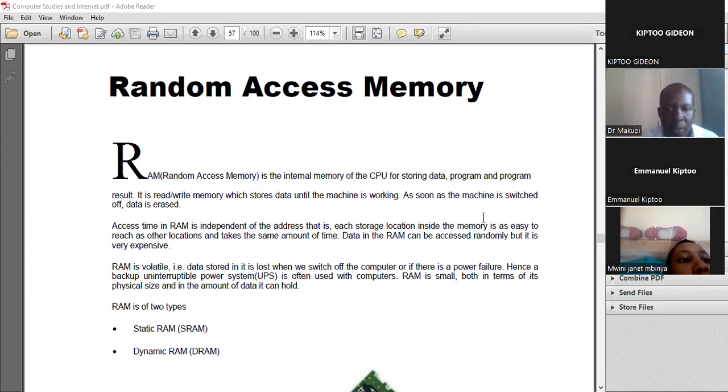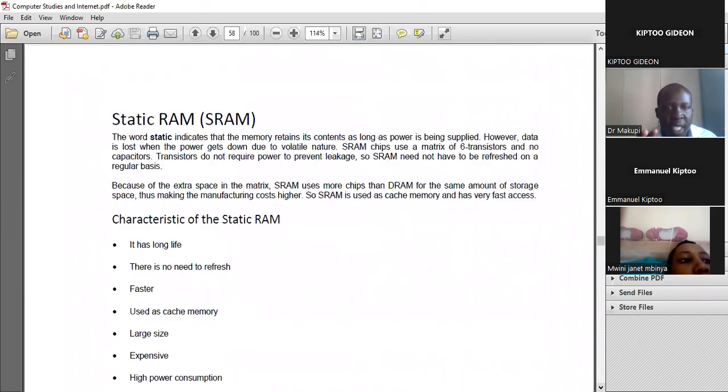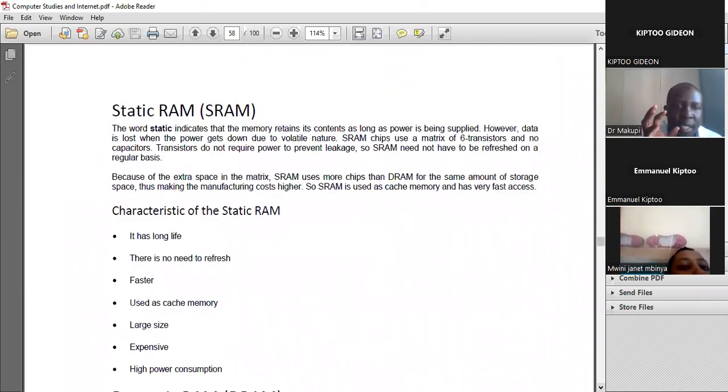Now, there are two types of RAM, the DRAM and the SRAM. I want us to distinguish them from the designing aspect. SRAM indicates that this is a static kind of memory, and it stores content as long as power is being supplied.